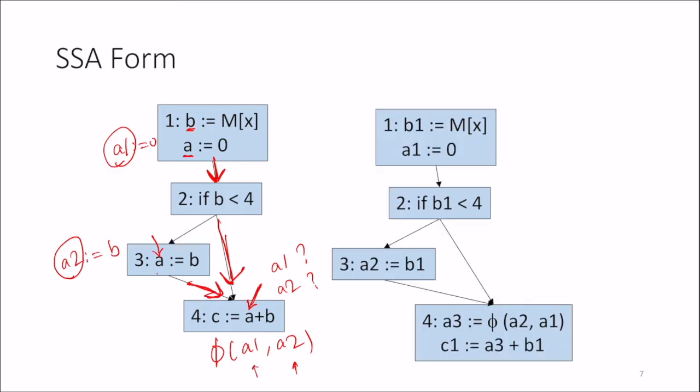So in this case, we have this phi function deciding between A2 and A1. So A2 is going to be the first one, the first arrow coming in. I had switched them around, but this is the right way to do it. The first argument comes from block 3, so it's A2. The second one coming here is A1.